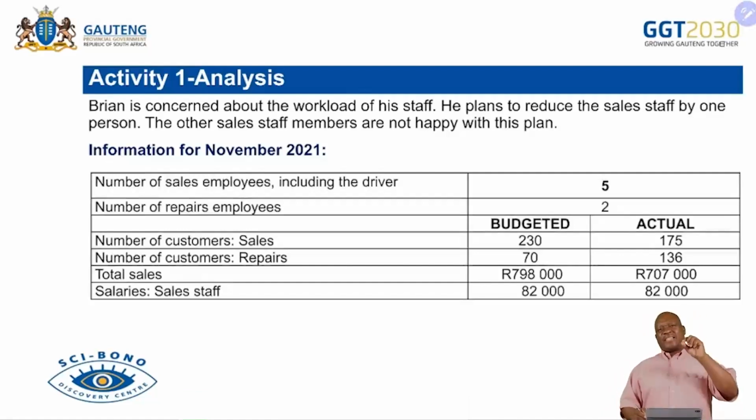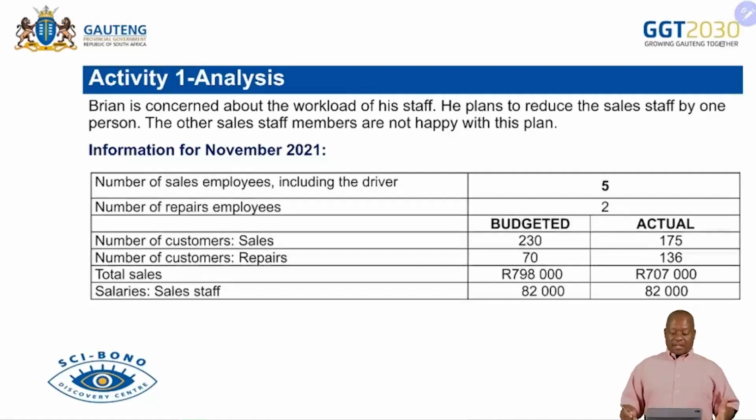We had budgeted to achieve 230 customers, but we only got 175 customers. So it means we are not having the desired number of customers.